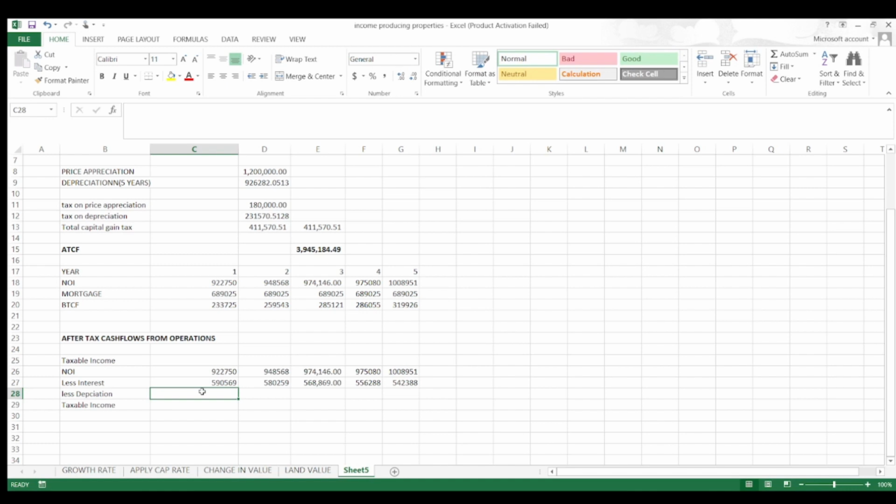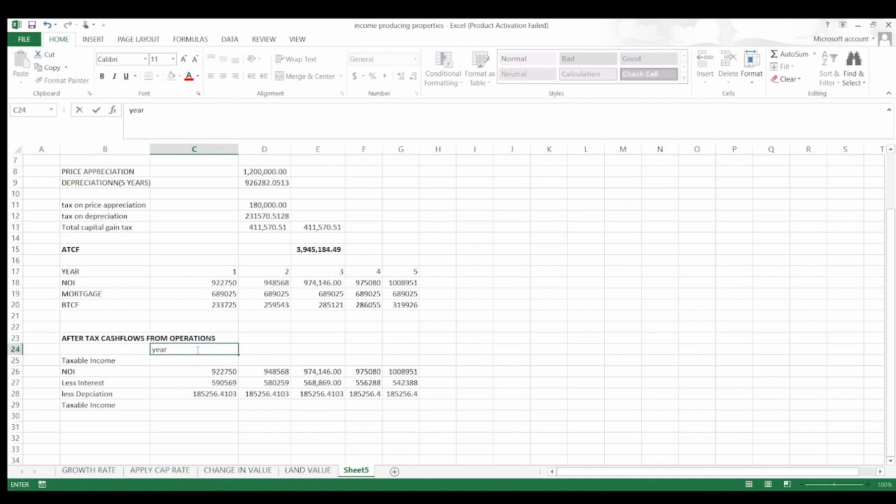Now, depreciation, as was earlier mentioned, is equal to the property value divided by the depreciation period. In this case, the property purchase amount, which was the value at purchase, was 8.5 million. The cost of the land was 1,275. And then it's being depreciated over 39 years. Now that's our depreciation amount for each year.